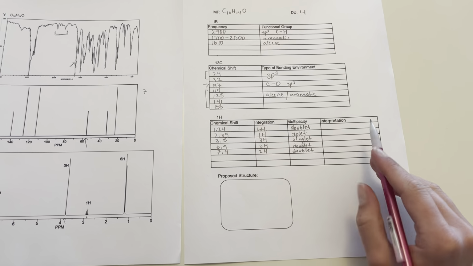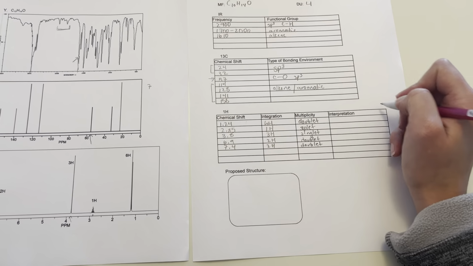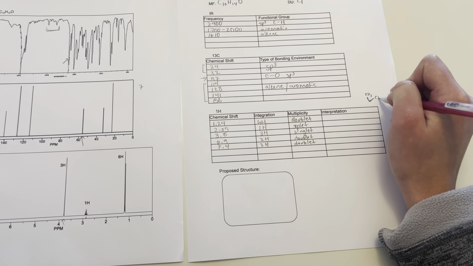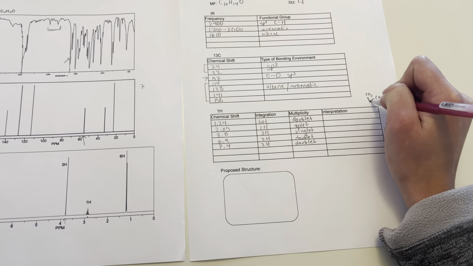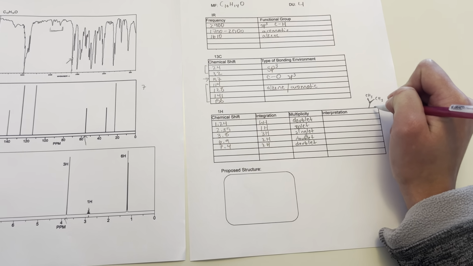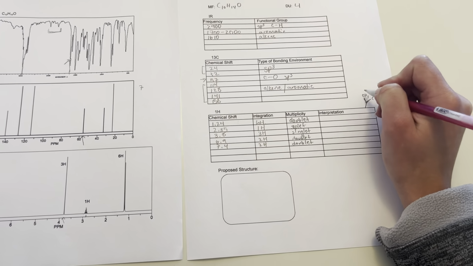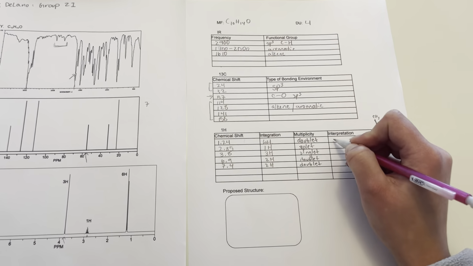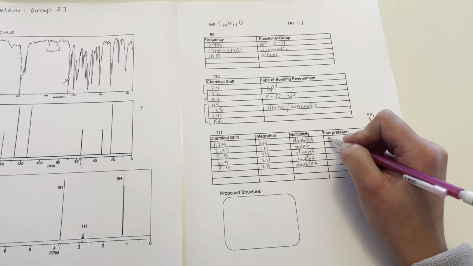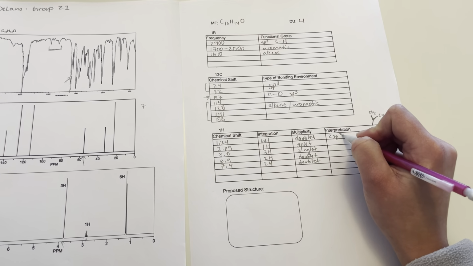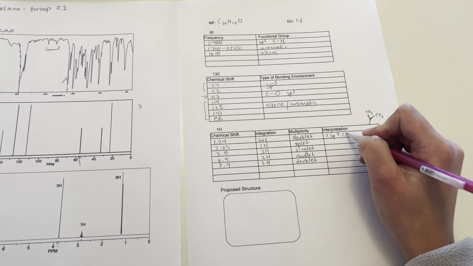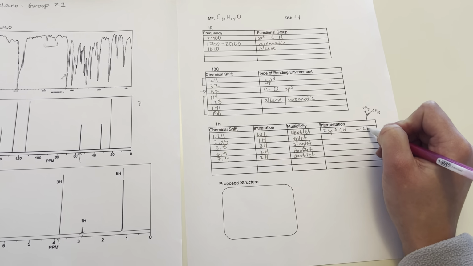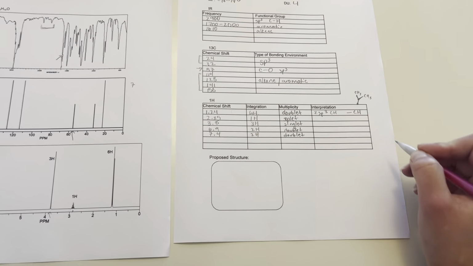To me, this suggests there are 2 CH3s attached to a carbon that's also attached to something else, because that would make all of these hydrogens doublets. So that's 2 sp3 CH3s connected to another CH, coming down here.